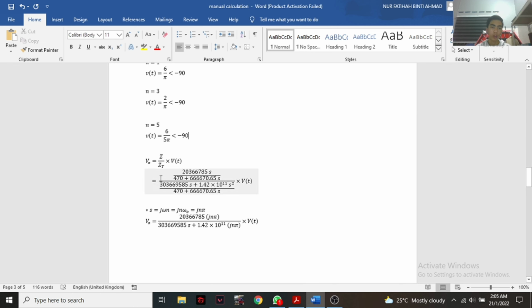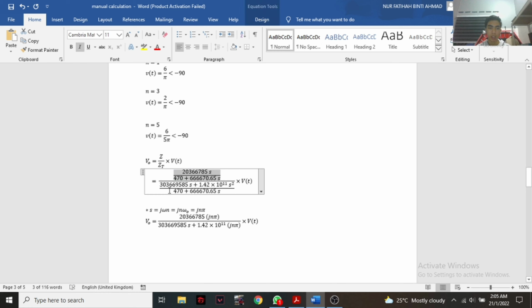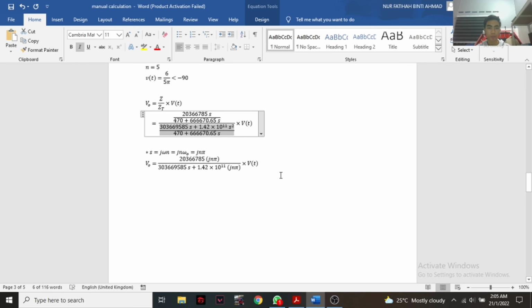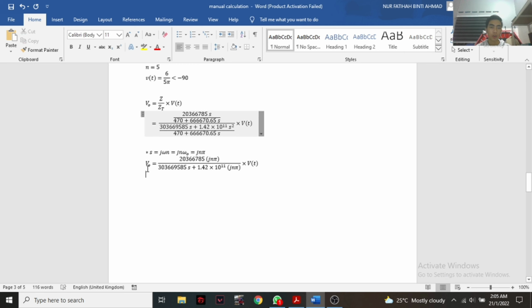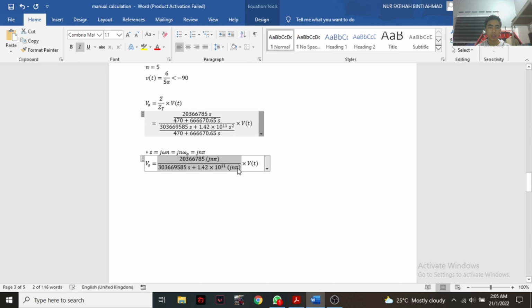So for the V0, we use Z over Zt times Vt. So we insert the value of Z, and we insert the value of Zt, which is this one, and Vt. So for the V node, we insert the value of this one and we divide by this one and times V3.